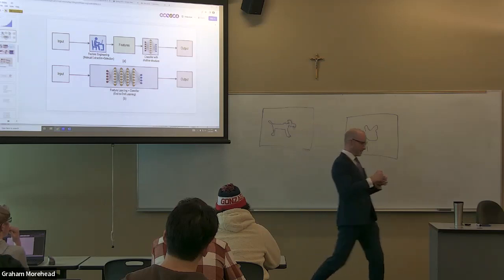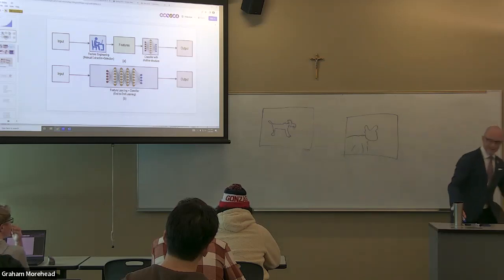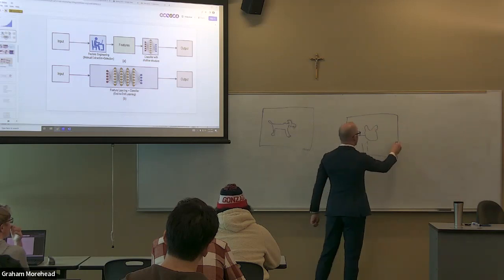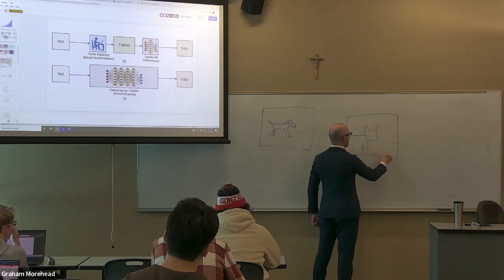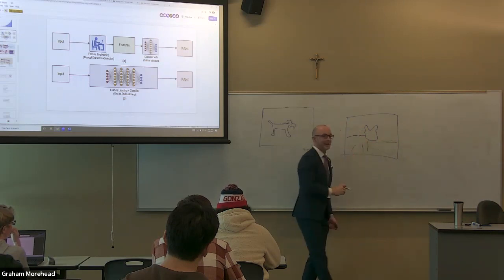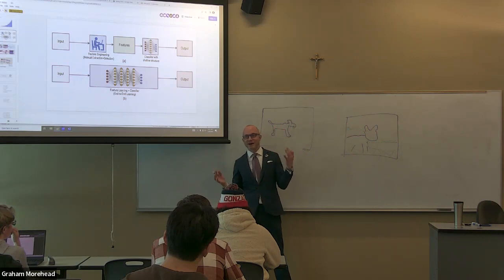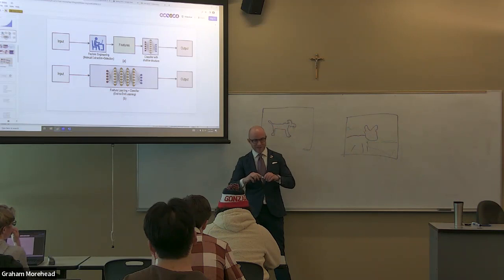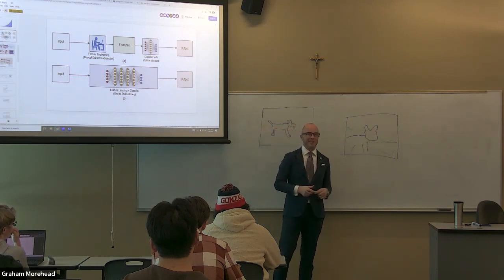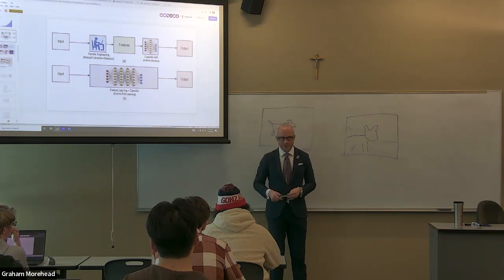And when they asked it that, it was looking at the snow behind the wolf, because all the images they had of wolves were taken outside in the winter. And the pictures they had of huskies were taken by their owners, either inside or in their yards in summer. If a network can learn from something easy like this, it will.